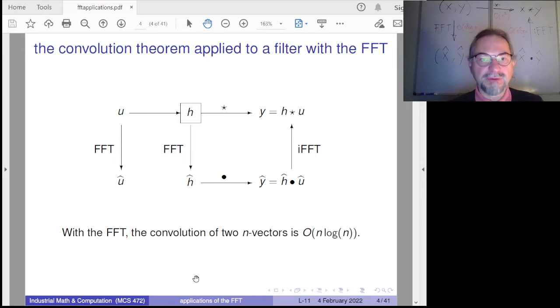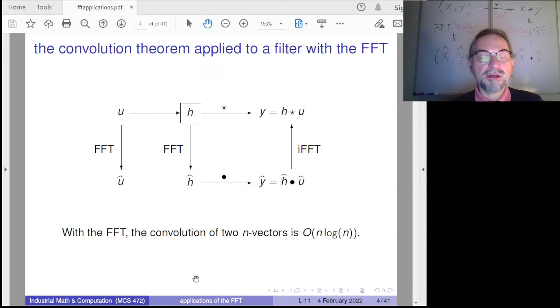So we encounter the fast Fourier transform when we want to compute the output of a filter. We've seen that linear time invariant causal filters are entirely determined by their impulse response. The coefficients of the impulse response are here denoted by the little h. The big H is the transfer function. If we want to compute the output given an input u and the impulse response h, then we have to do a convolution.